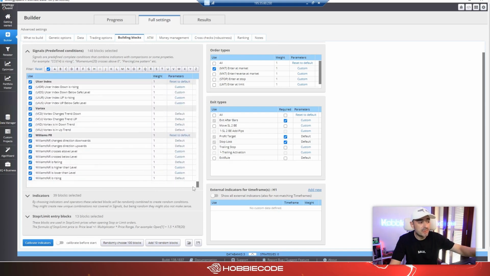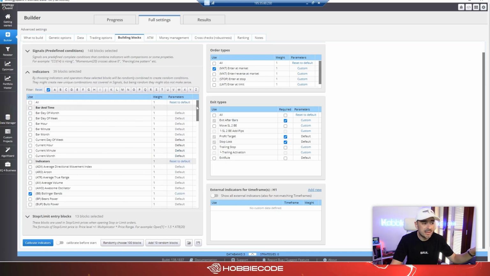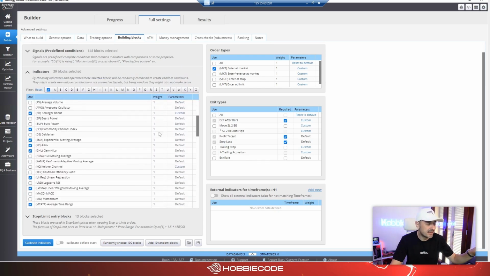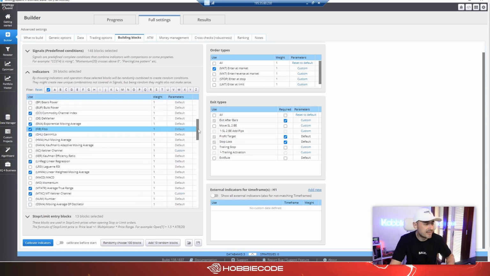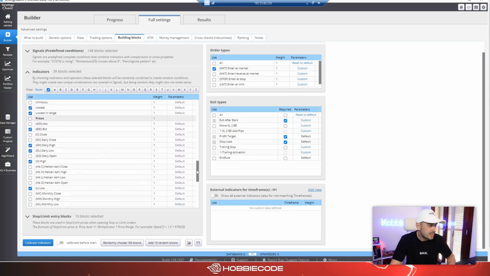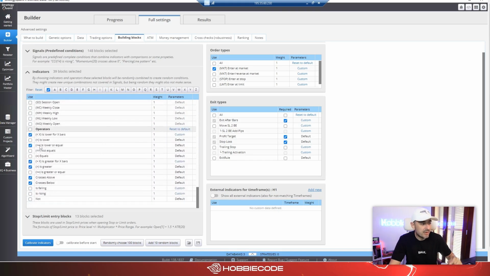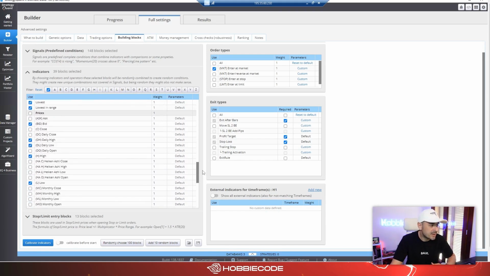And not only behavior regarding a single indicator, but also comparison of indicators against numbers. For example, the 23% Fibonacci, and down here are the operators such as less than or equal to, greater than or equal to, crosses up, crosses down, like various behaviors. And you compare this against the day's high, the day's low, and also the candle's high, the candle's low. There are many combinations to make.